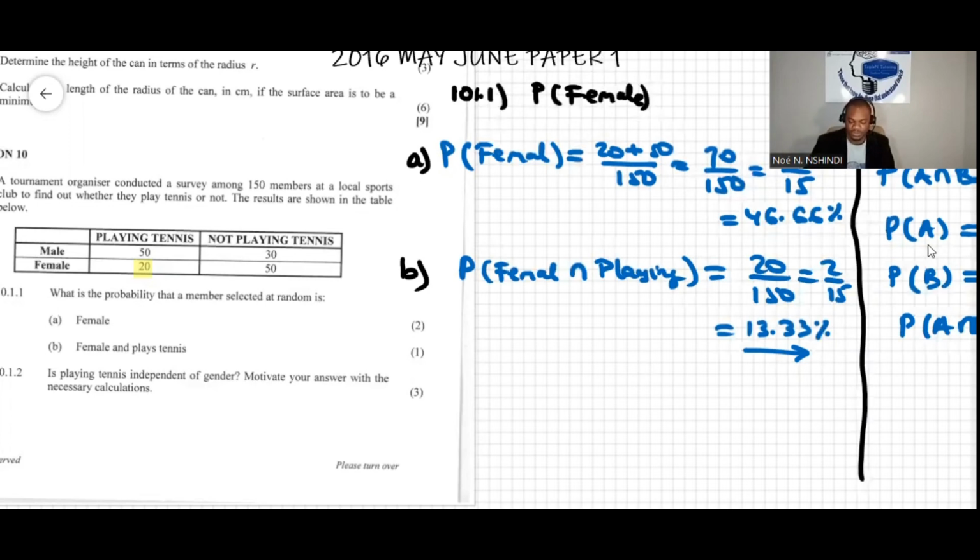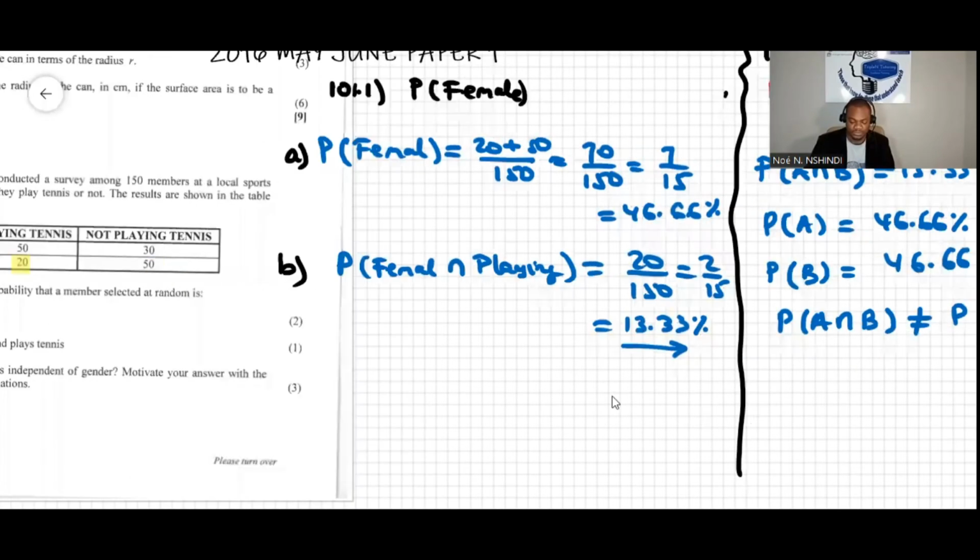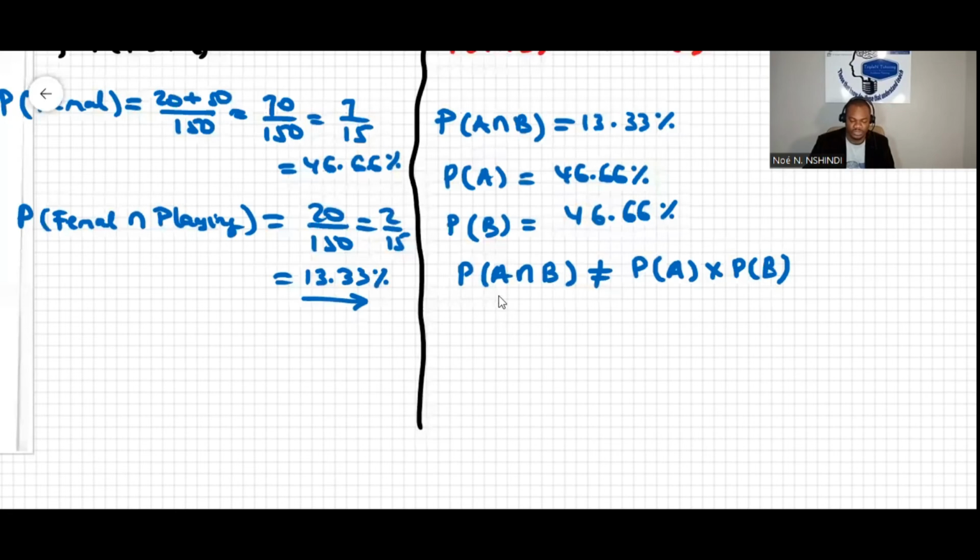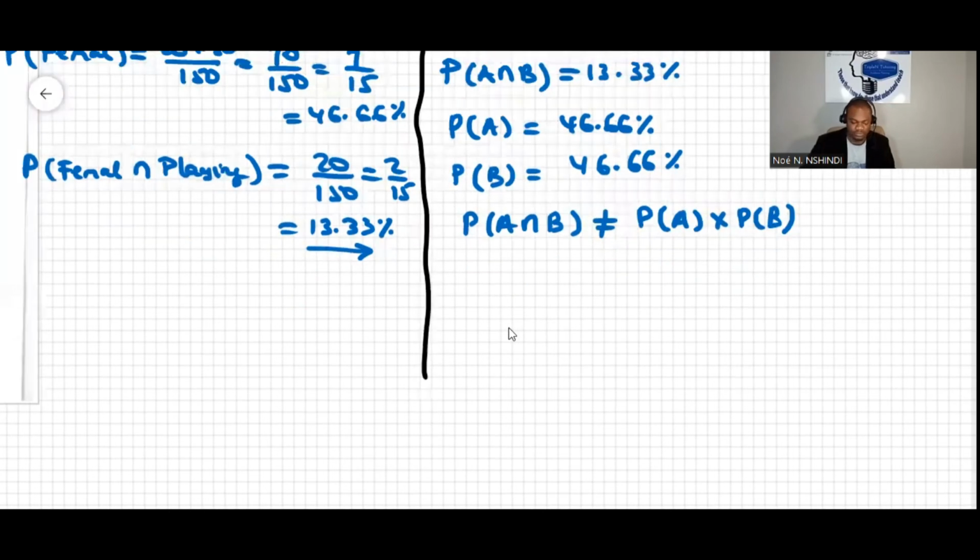So the probability of male is 80 over 150.